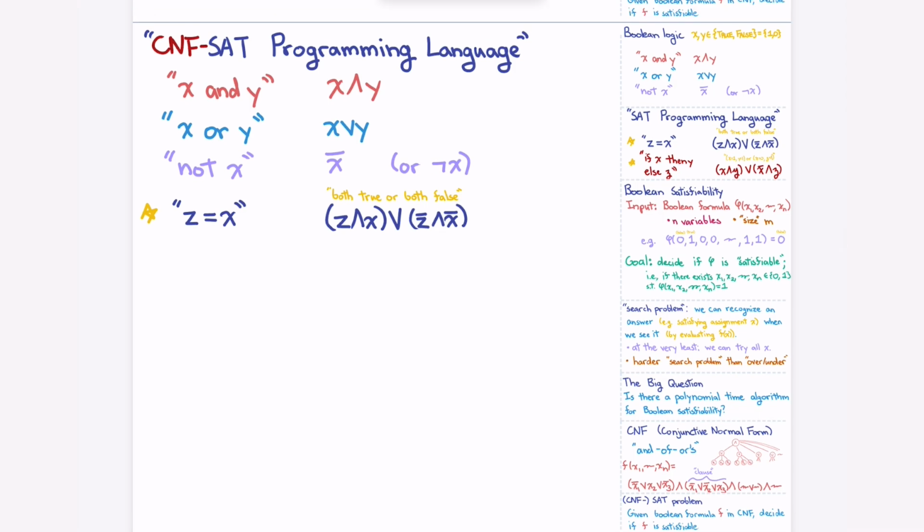So this is not in CNF, because this is an OR of ANDs. But can we come up with a CNF that returns true if and only if z is equal to x? Any ideas?